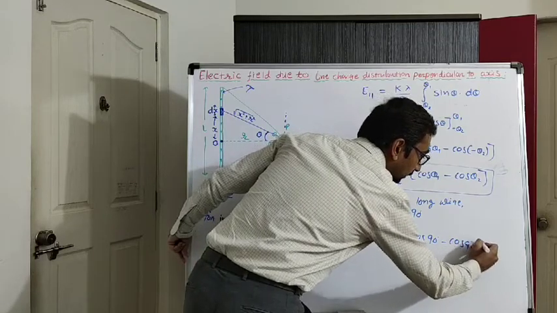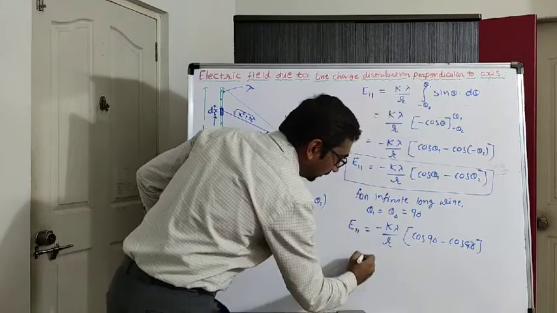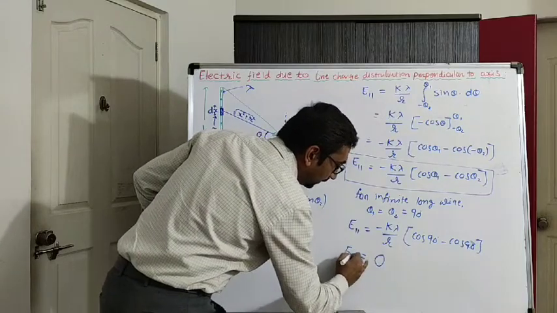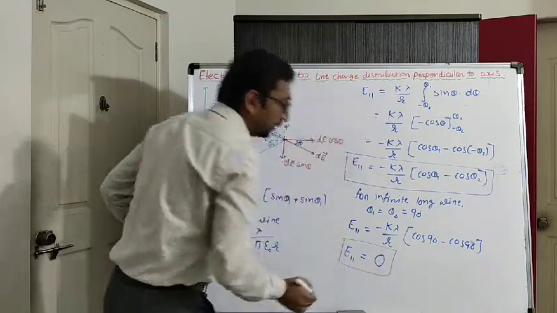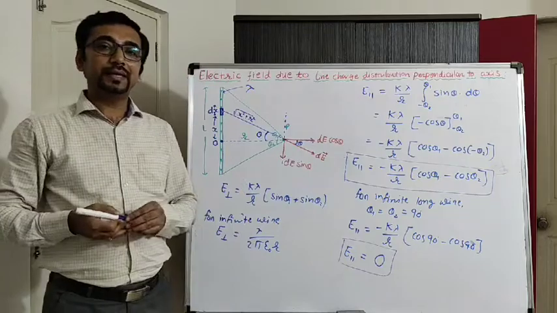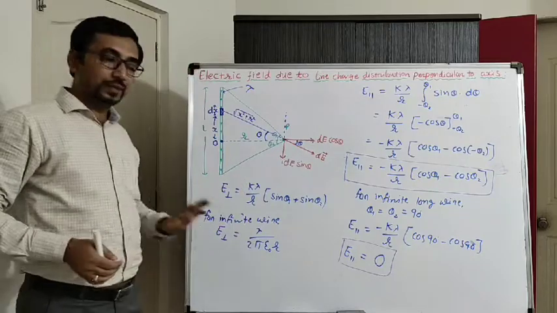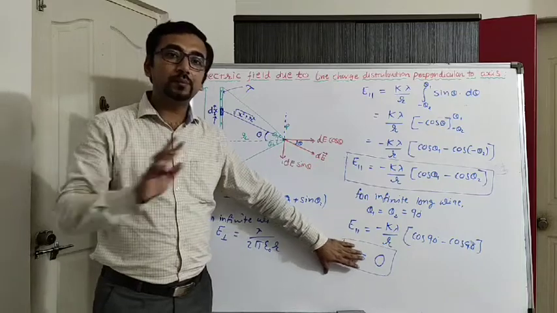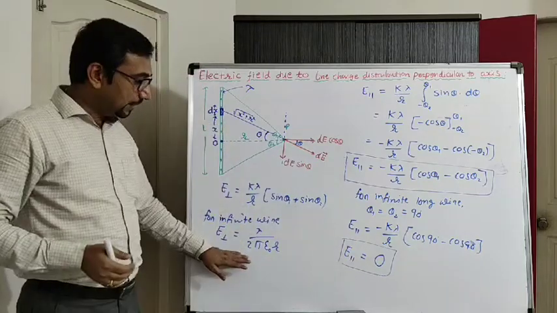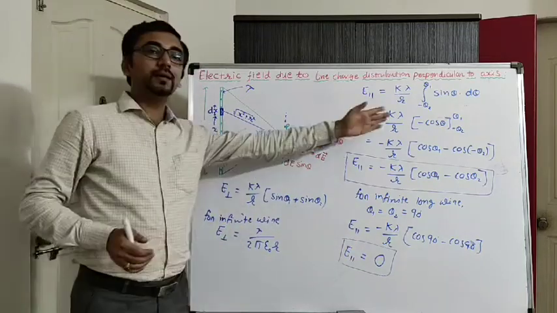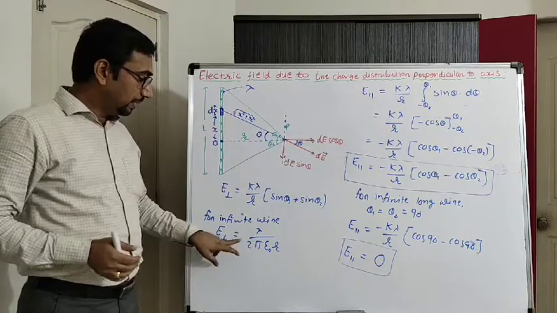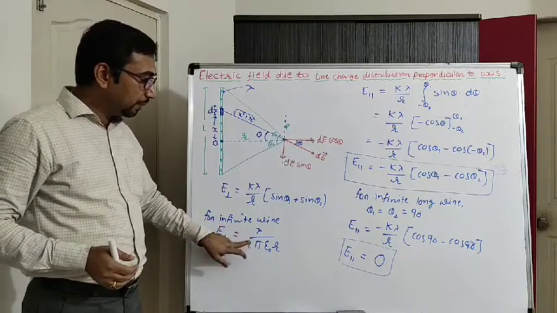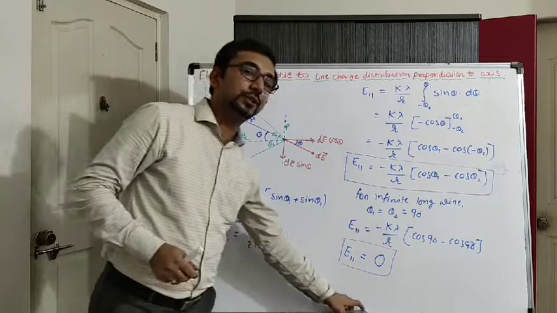Cos 90 is 0, so 0 minus 0 is 0. So this whole term will be 0. This indicates that when the wire is infinitely long, it has no parallel component of electric field. Its electric field is always in the perpendicular direction and it is equal to lambda upon 2 pi epsilon 0 r.